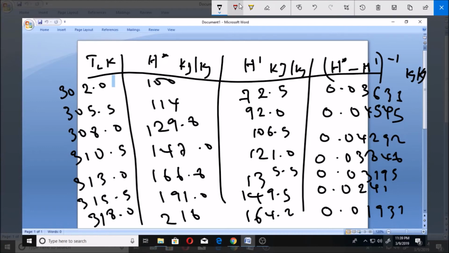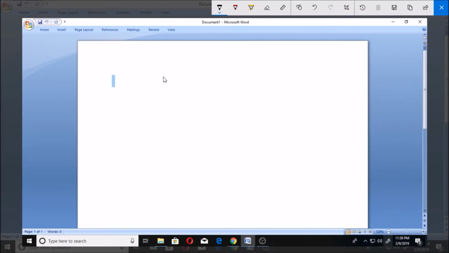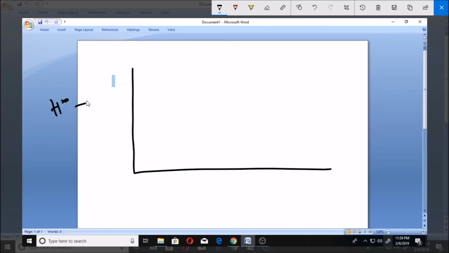So having gotten this table, we can now simply plot the graph of the inverse of H equilibrium minus H prime against H prime, starting from this 72.5, which you already calculated, and 164.2.